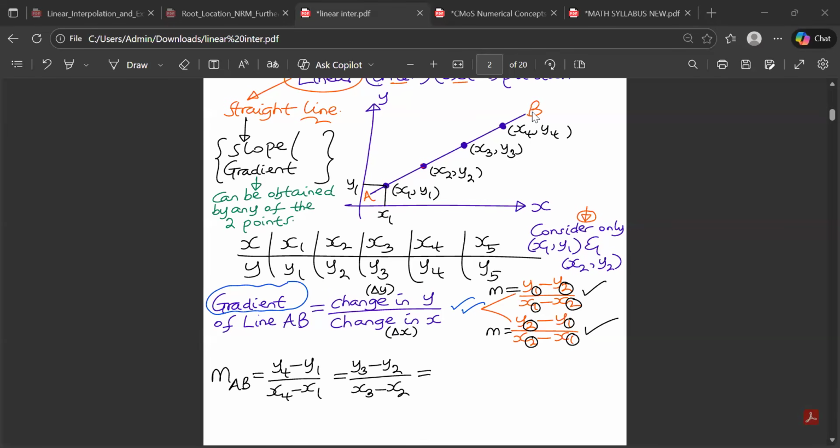Let's first use the other direction. You may consider y5 minus y4, divided by x5 minus x4.